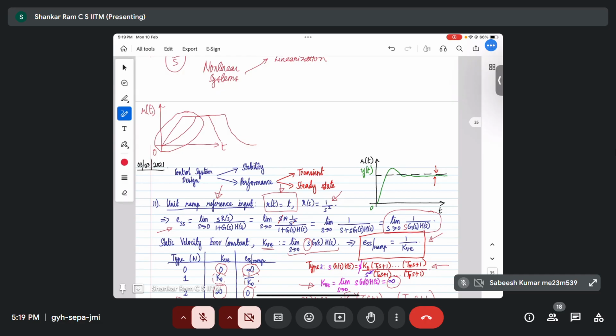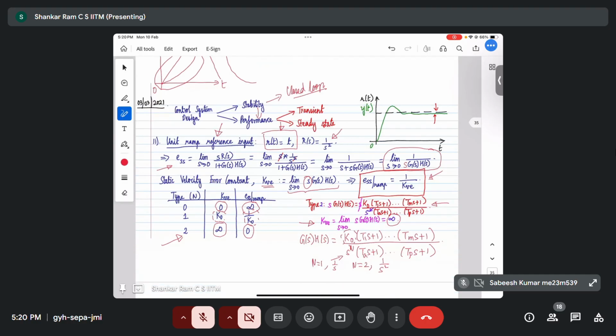Please remember, one of the premises for all this performance analysis is that the closed loop system should be stable. Only when the closed loop system is stable can we talk about performance. Otherwise, there is no point in talking about performance of the closed loop system without assuring its stability.